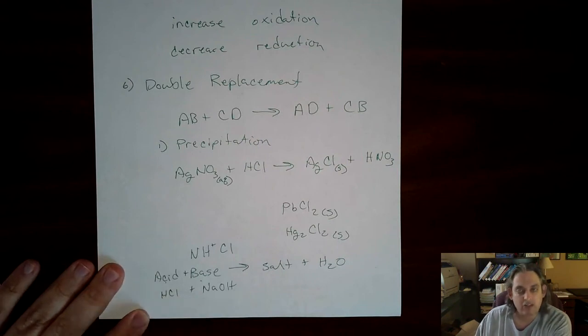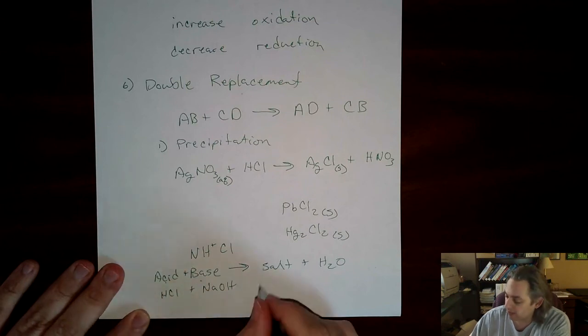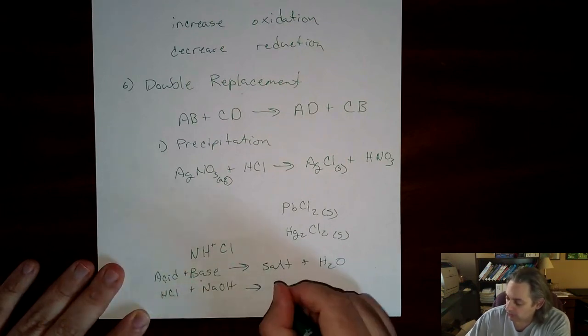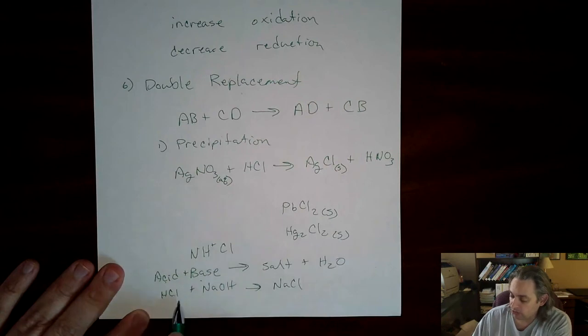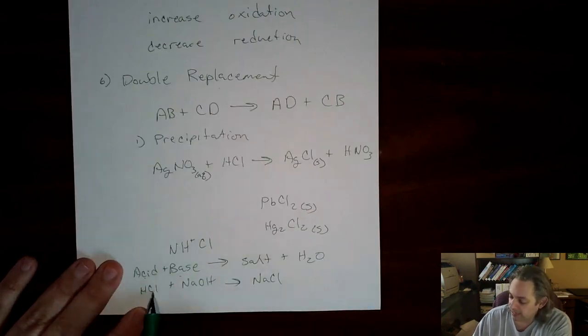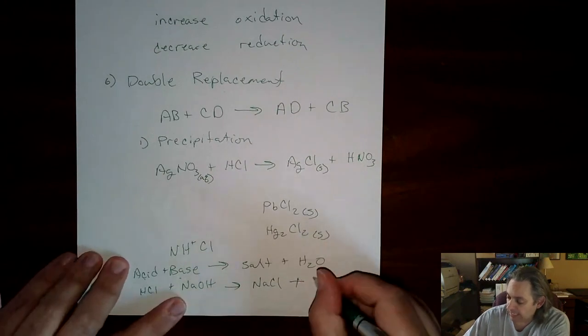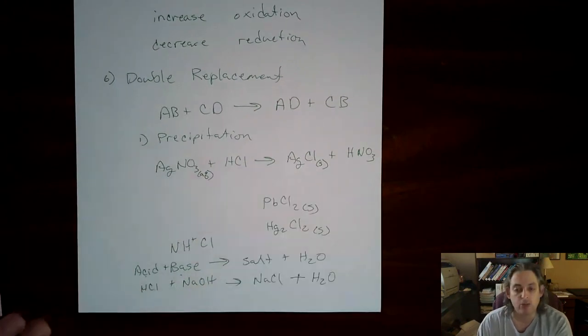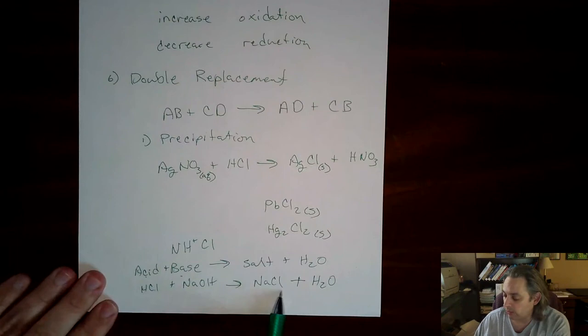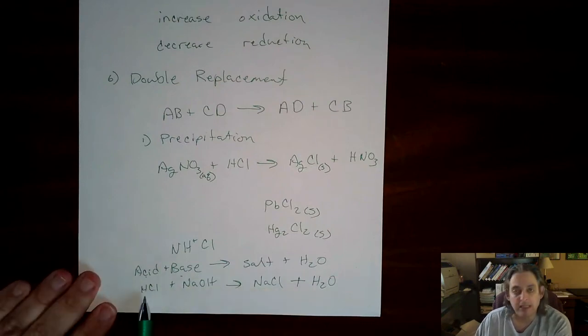Sodium hydroxide would be a base. This is a double replacement, so the hydrogen and the sodium are going to flip spots. The sodium is going to go with the chloride to make sodium chloride, and the hydrogen is going to go with the OH to make HOH, or simply H2O, which is water. So here we have salt and water. And that would be the case any time we have an acid with a base.